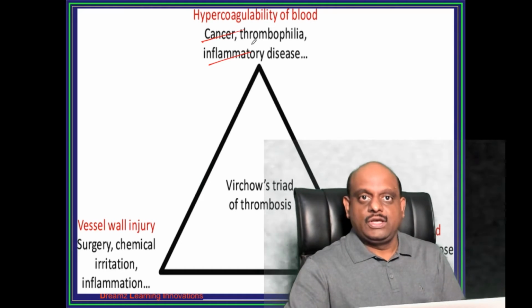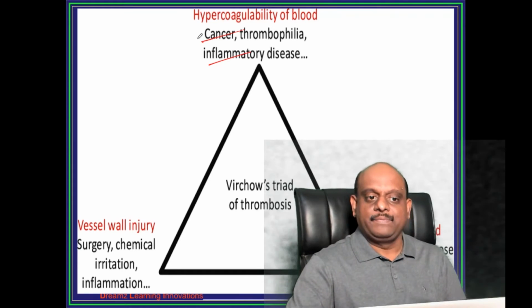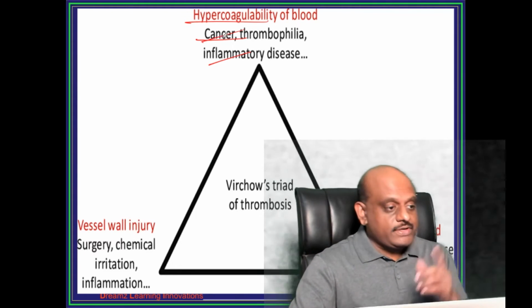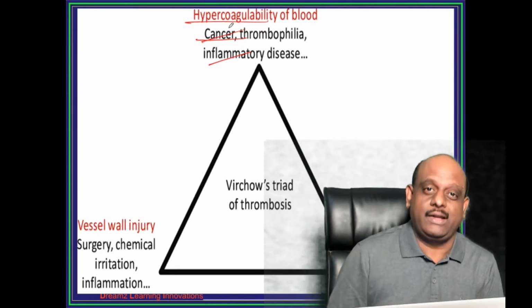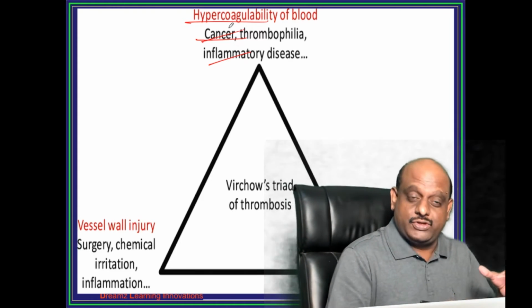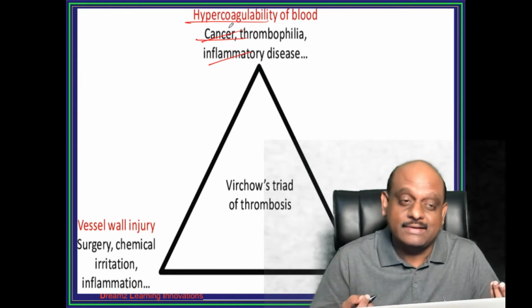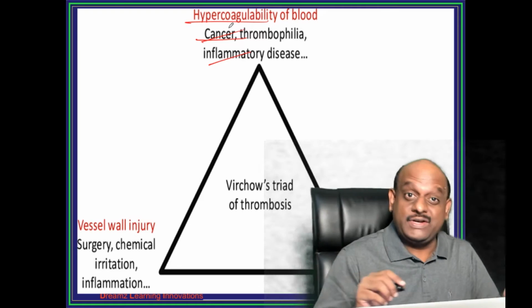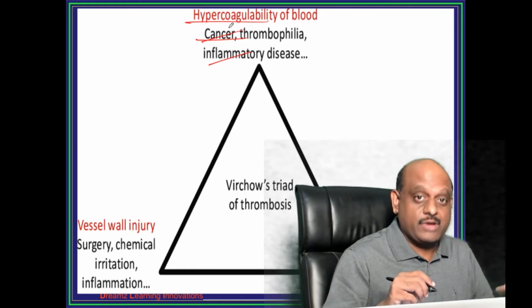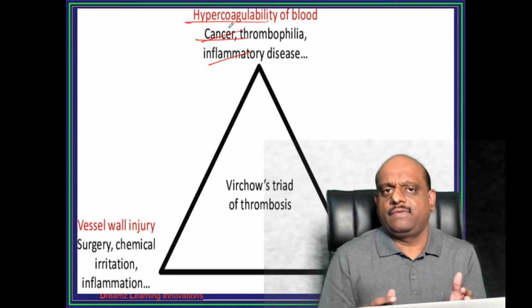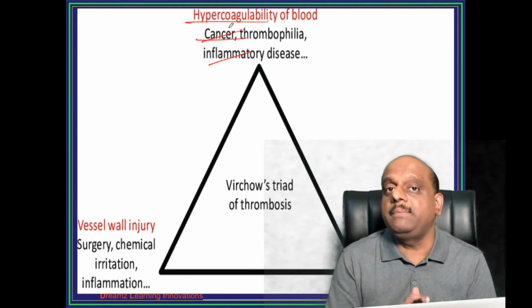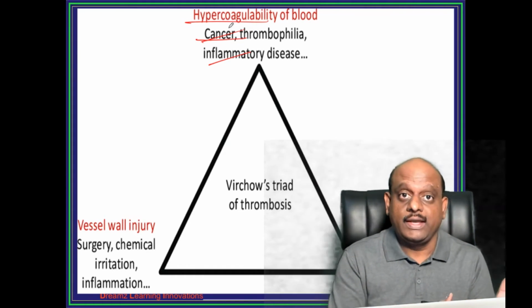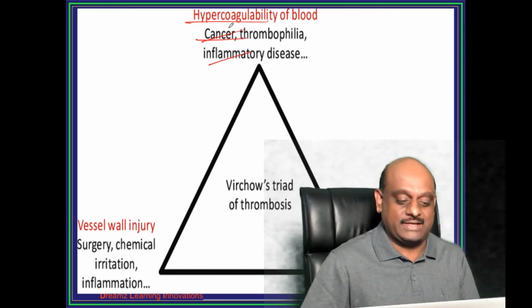Inflammatory diseases, rheumatoid arthritis, SLE, etc., they all increase the coagulability of the blood. Always remember, if you have a breast cancer patient in the ward, if you have forgotten to give the anticoagulation, you are definitely going to get a call from the nurse that she has a dyspnea in the mid of the night, because any cancer for that matter is a state of hypercoagulability, and especially when those patients are admitted, you should be quite sure to initiate the prophylactic anticoagulation.